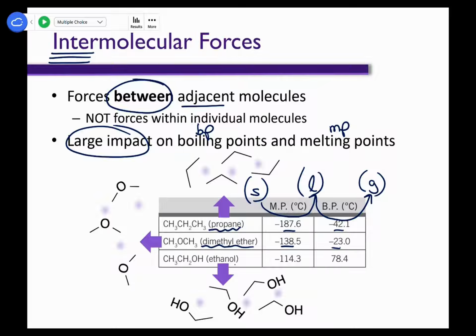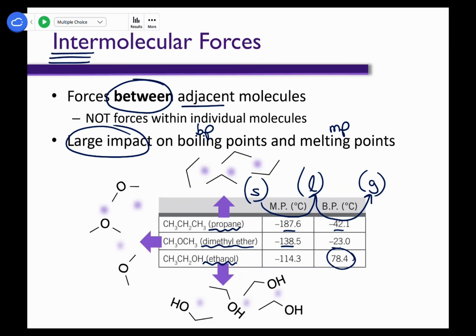When we get to ethanol, the type of alcohol that is in beer or wine, we have a much stronger intermolecular force, such that you have to get this to almost 80 degrees Celsius to turn it into a gas. Which means if you cook with rum in your baking, that does evaporate away because your oven is hotter than 78 degrees Celsius.